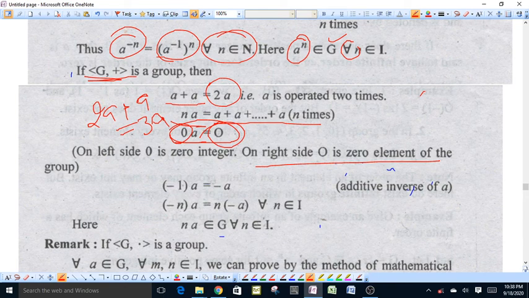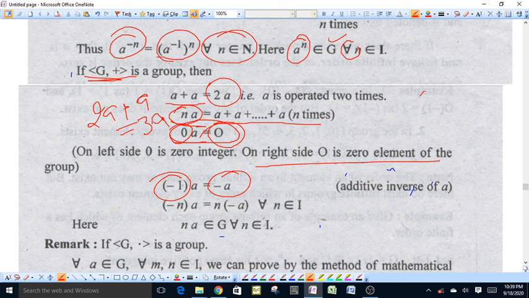If we take n equal to minus 1, then minus 1 into a is equal to minus a, which is the additive inverse of a, and also belongs to G, because the inverse of every element of G exists.